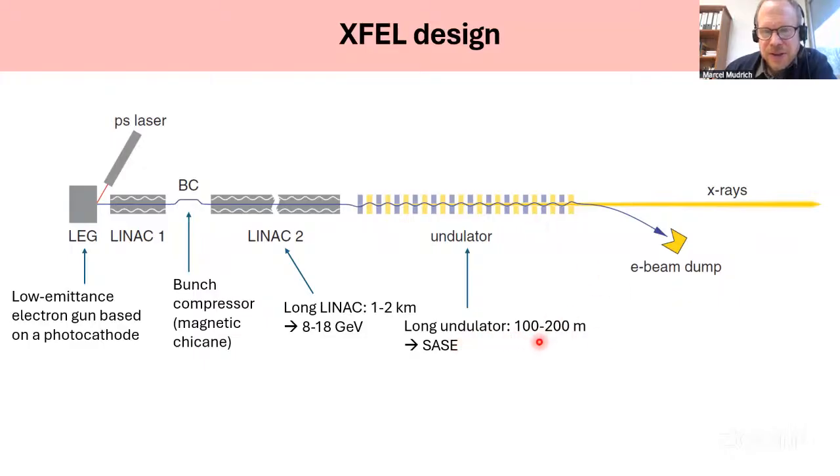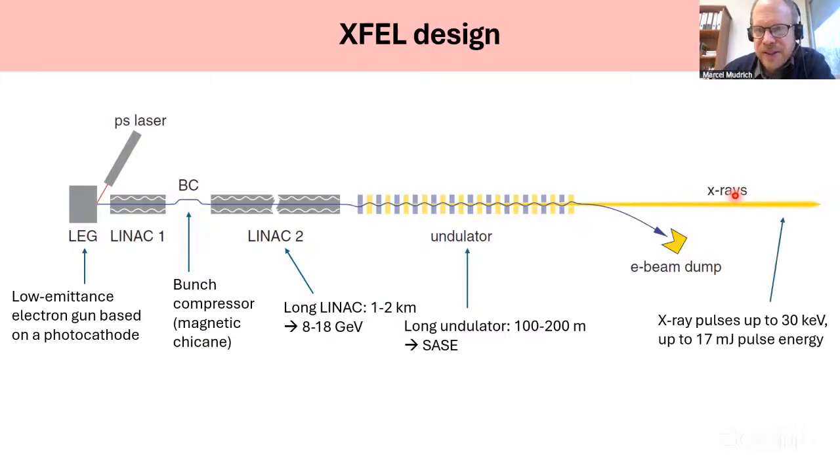So here we actually talk about hundreds, like 100 to 200 meter long undulators, which are composed of shorter sections, because it's completely impossible to build a 200-meter long undulator in one piece. So this is composed of 30 to 45-meter long sections typically, that of course have to be very precisely aligned and mounted. And in the end we get hard X-rays up to 30 keV, with high pulse energy up to 17 millijoule, I think is the highest that has been reached to date.